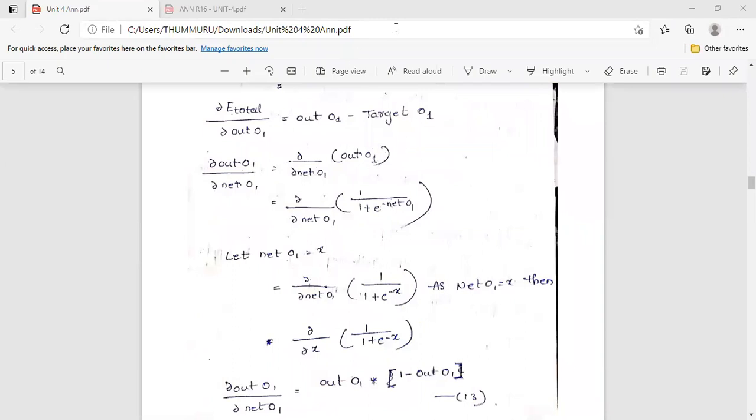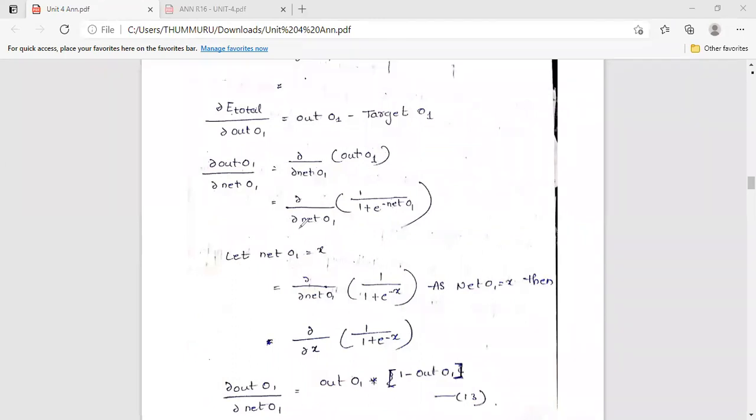Let us check, if net O1 is substituted with x, what happens? This is the formula. If net O1 is substituted with x within this formula, then dou by dou x of 1 by 1 plus e to the power of minus x.